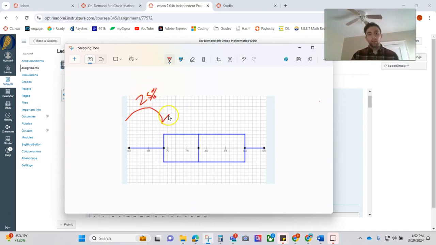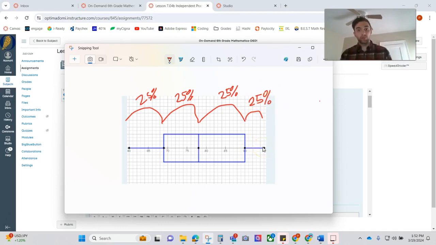This is 25% of all the numbers. This is 25% of all the numbers. And this, even though it's the smallest, is still 25% of all the numbers. That means in this section, the numbers are really close together, not as spread out.